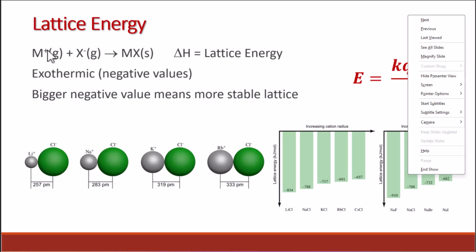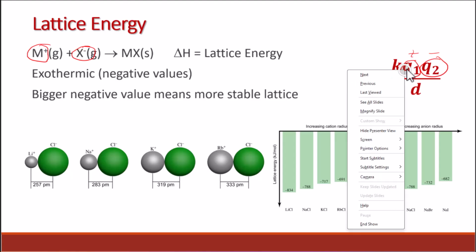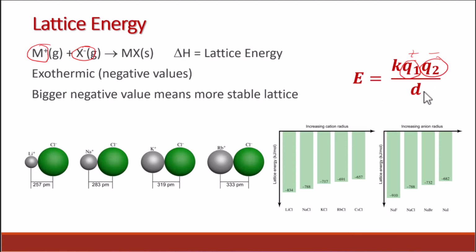So what we're looking at here is the charge on the cation and the charge on the anion. We have a constant, don't worry about that, but this would be the charge on the cation, this would be the charge on the anion, and the product of the charge of the cation times the charge on the anion divided by the distance.